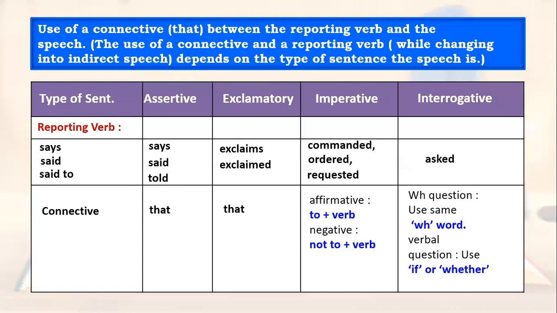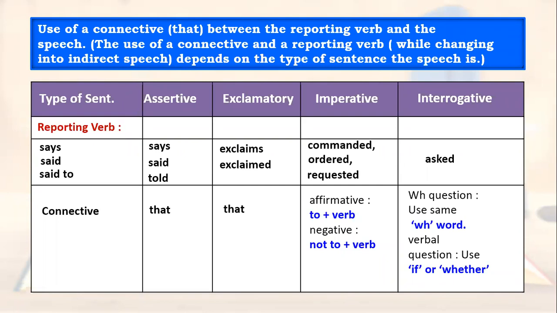For example, in a WH question like, I said, what are you doing? In this case, the WH word which is given here is what. So whenever we convert into indirect speech, we are going to use the same WH word in the answer. That is, I asked him what, and the adjoining sentence.